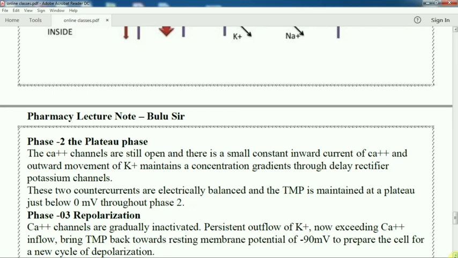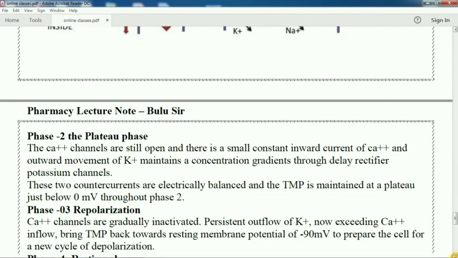Now we come to phase 3, repolarization. The calcium channels are gradually inactivated, and the persistent outflow of potassium now exceeds calcium inflow. So calcium inflow decreases and potassium outflow increases. The membrane potential goes back towards the resting membrane potential, minus 90 millivolts, to prepare the cell for a new cycle of depolarization.